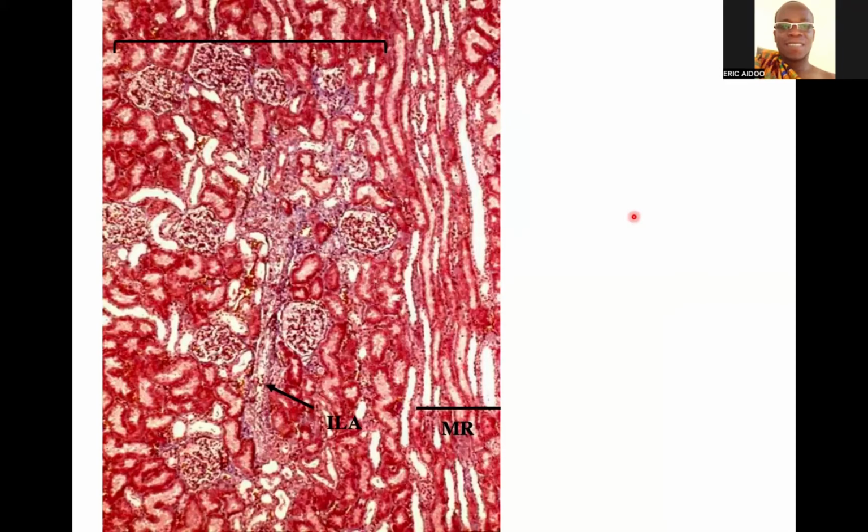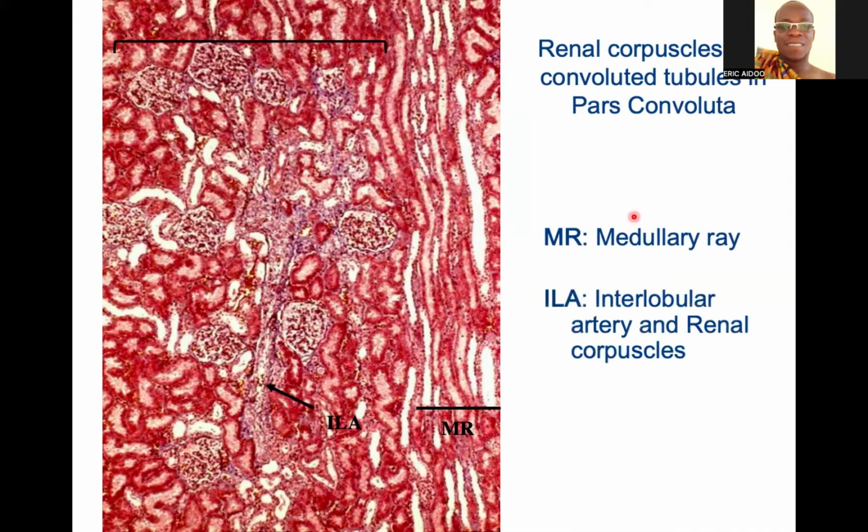So once again, you have the renal corpuscles and then the convoluted tubules, pars convoluta. MR will stand for the medullary rays, then the interlobular artery and renal corpuscles.